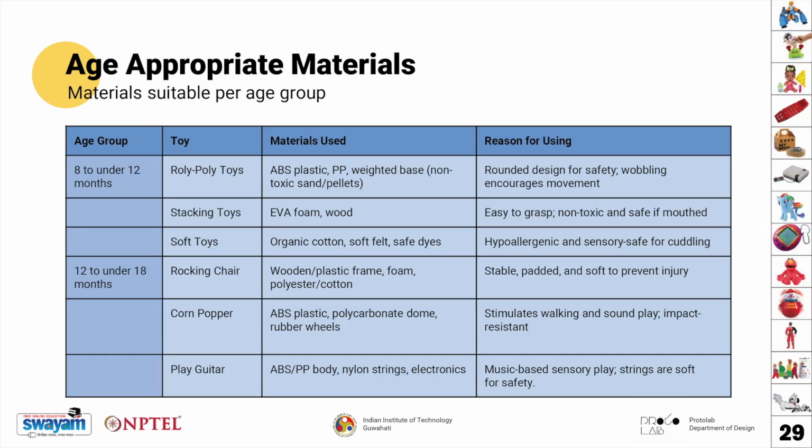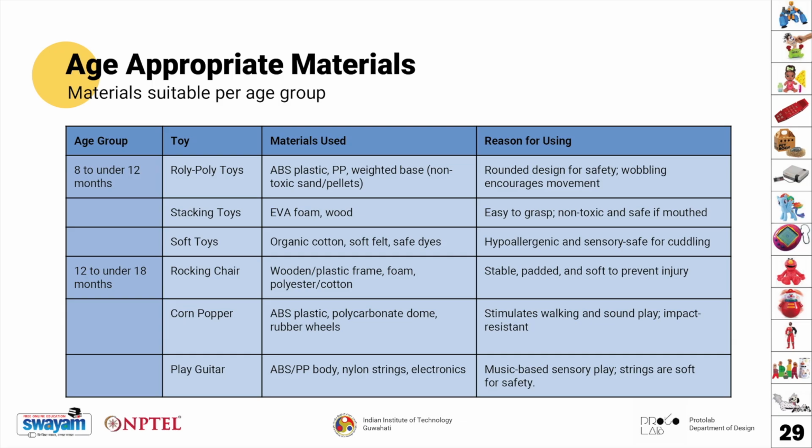For children in the 8 to under 12 months age group, toys are designed to encourage movement, sensory exploration, and early motor development. One common toy is the roly-poly toy, usually made from ABS plastic or polypropylene with a weighted base, containing non-toxic sand or pellets.